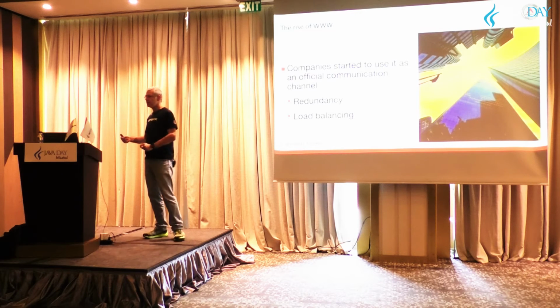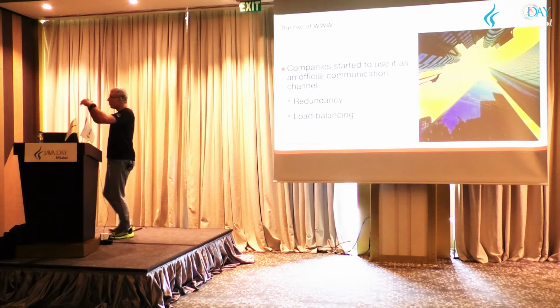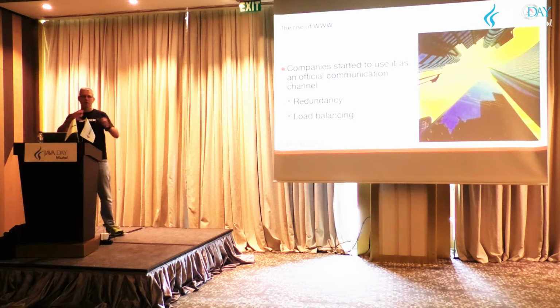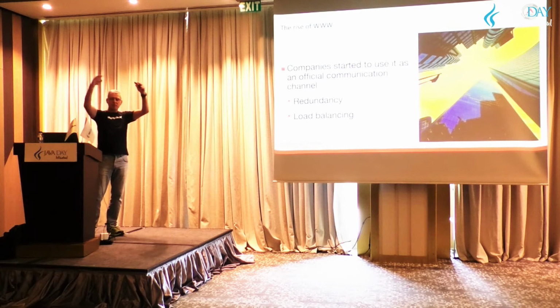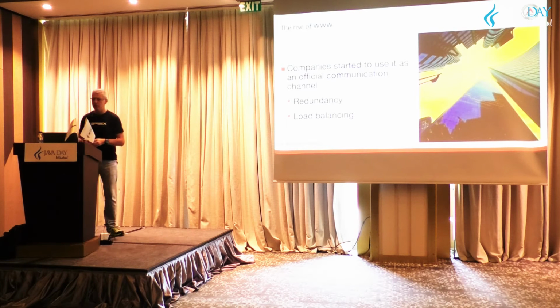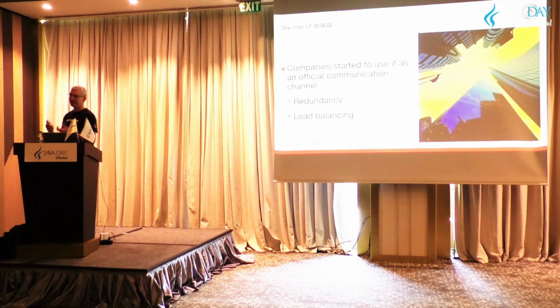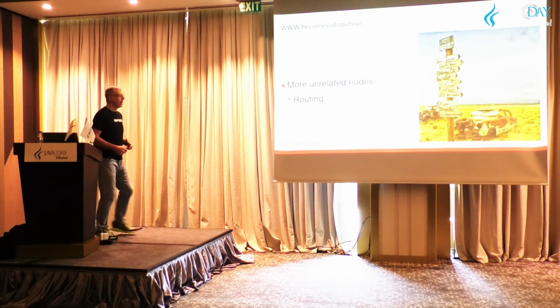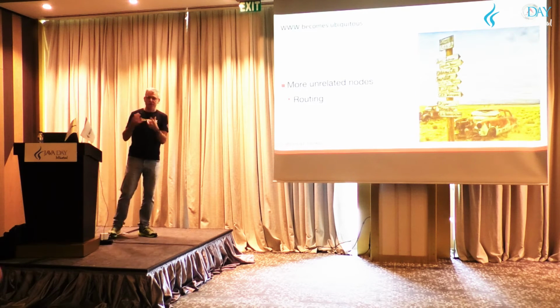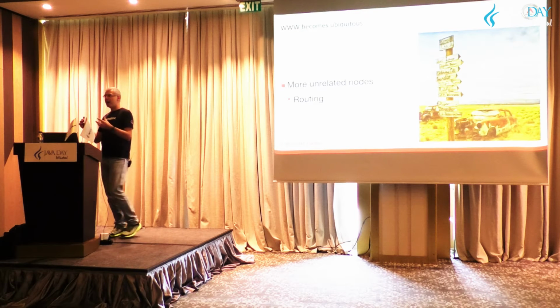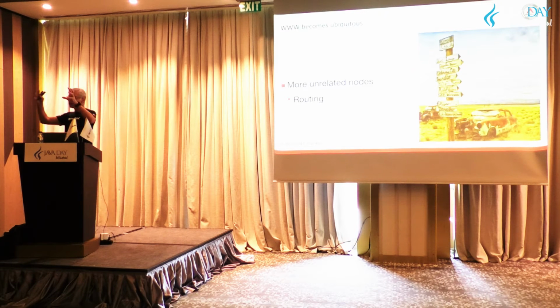And in that case, they started to add more nodes. So the web server, which serves static content, there was another layer of web server that didn't serve anything. It was just to have some load balancing and redundancy. So we added more features to the web server. And now it grew and grew so much that actually we had different sites or even apps that needed to be served.